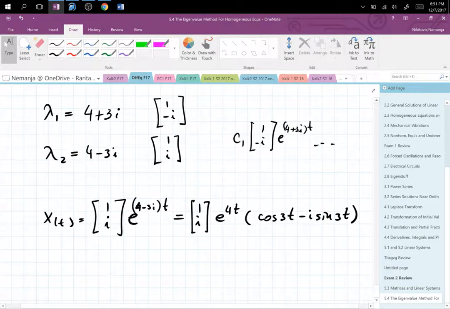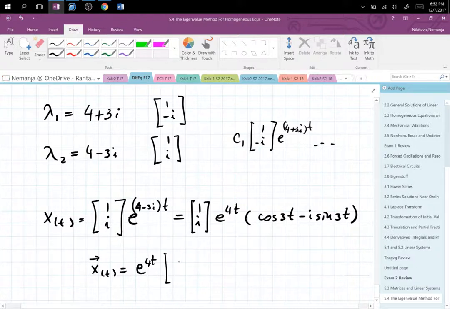And if you multiply these i's into everything, this vector of solutions x(t) is going to be e to the 4t, and now we have the 2, right?